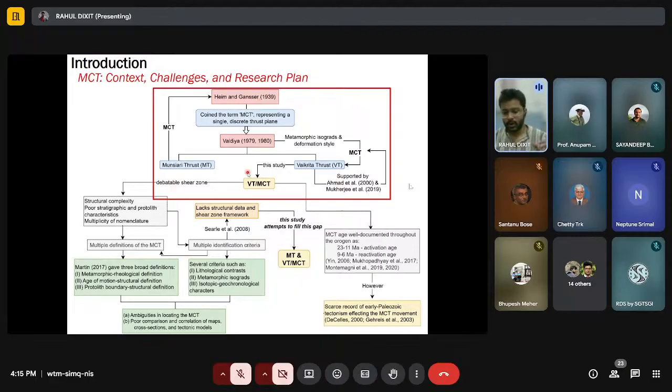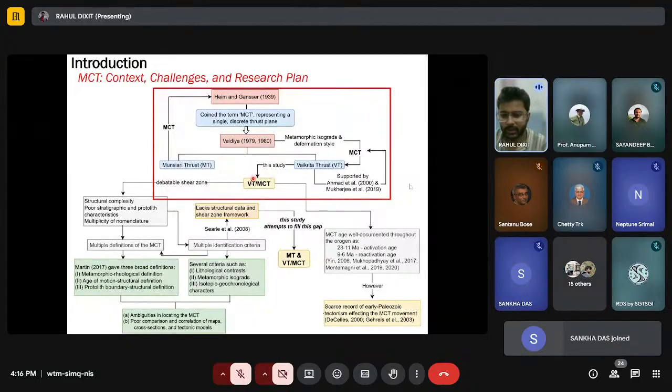So, because of all this further advancement regarding the Munsiari thrust and the Vaikrita thrust, there has been a lot of confusion in assigning the main central thrust to one of these two thrusts. But in this study, because of the evidence from the isotopic and geochronological studies, we have assumed that the Vaikrita thrust represents the main central thrust.